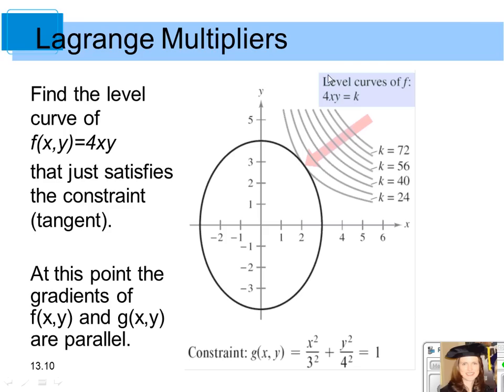So when you're sketching the level curves, it works out that the level curve that just touches that ellipse is going to help us find the solution to the rectangle with the largest area. So we want to find out where those just touch. And it just so happens, since they are tangent at that point, the gradient of the constraint function is going to be parallel to the gradient of the level curve.